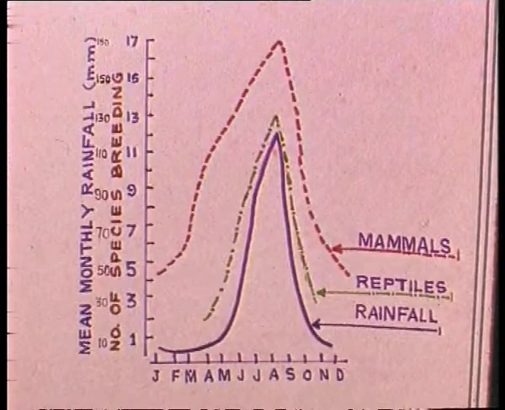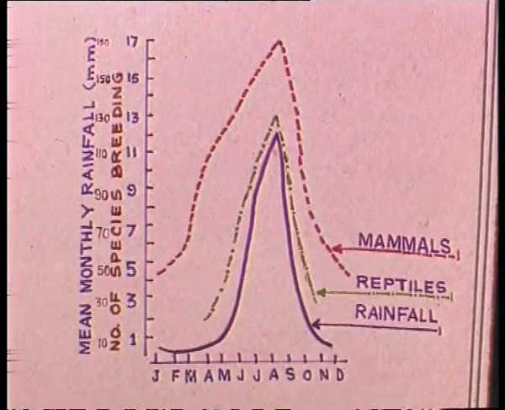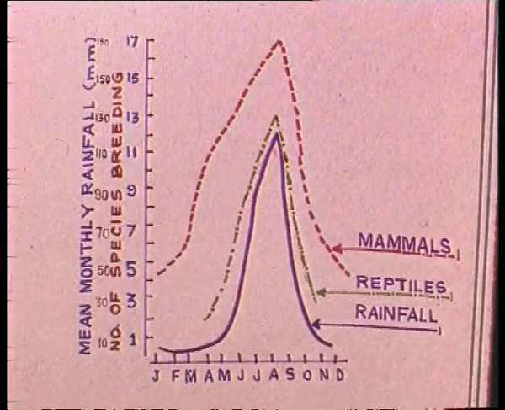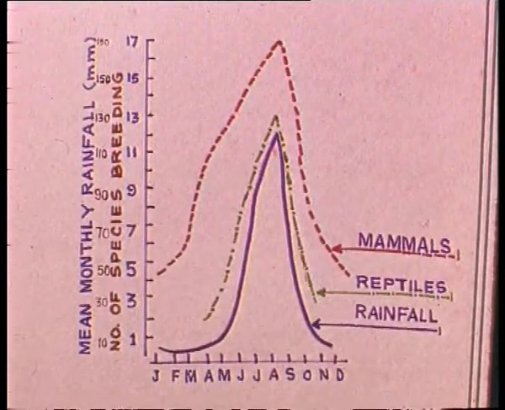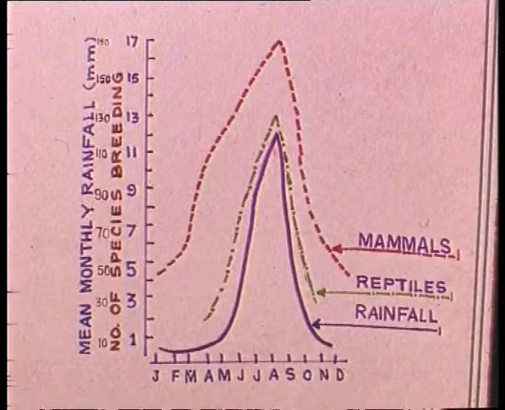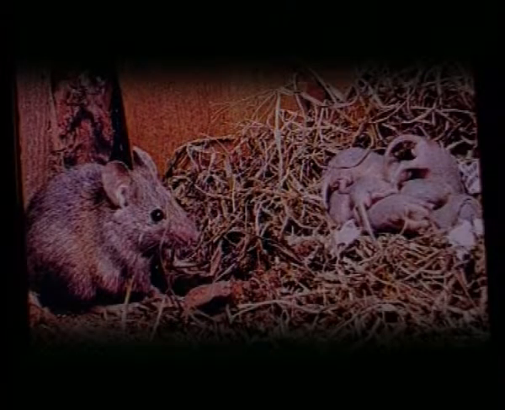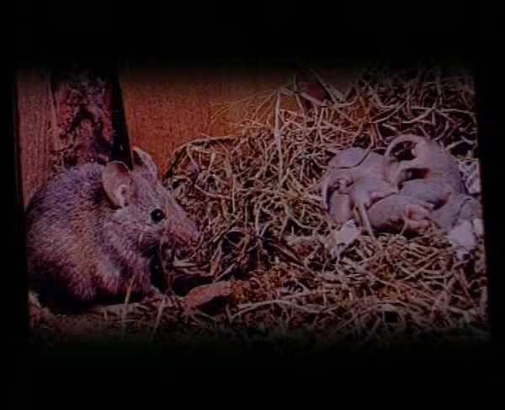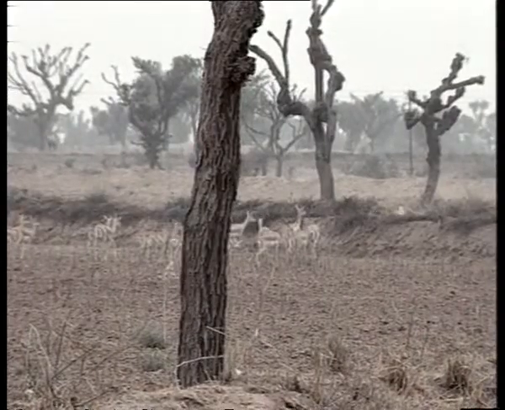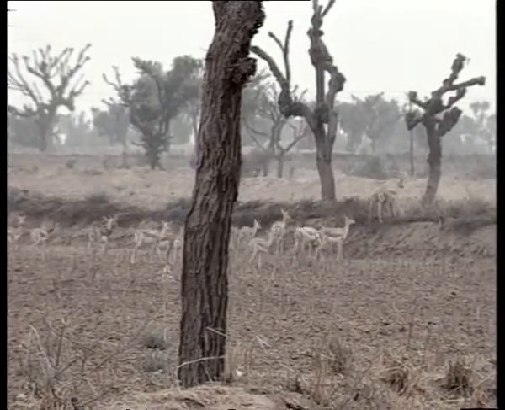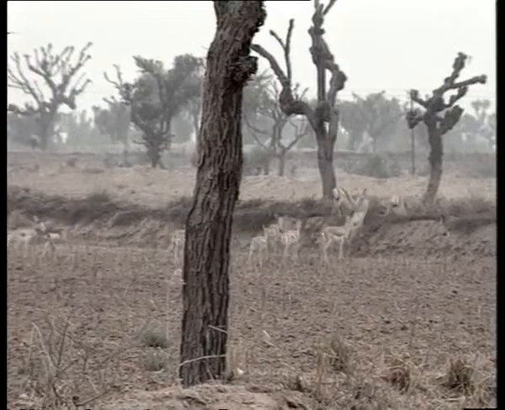Rains are a special phenomenon in the desert, and they trigger the reproductive activity of the mammals. Our studies have shown that the largest number of mammals reproduce only during the monsoon season. Those which are breeding all the year round also deliver the largest litters during monsoon.